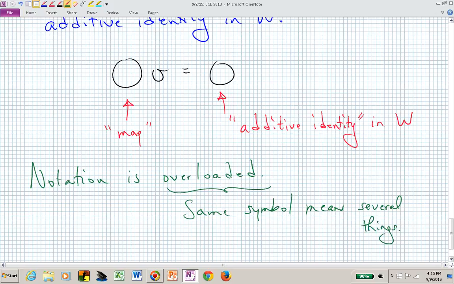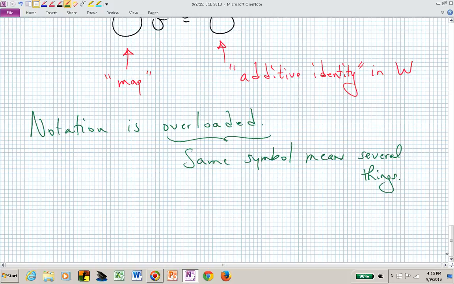And hopefully you'll be able to understand what that 0 represents from context. But that's the zero map, for example.